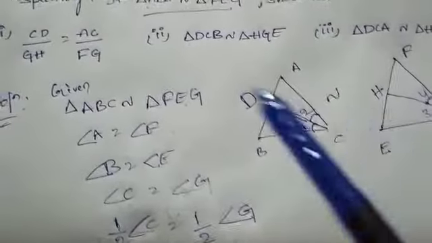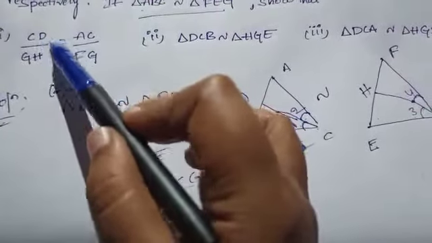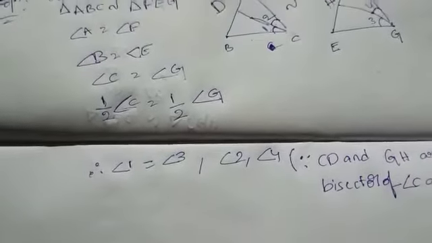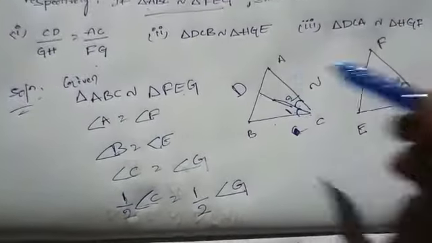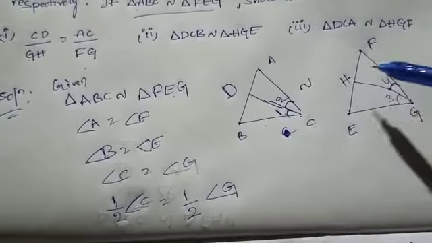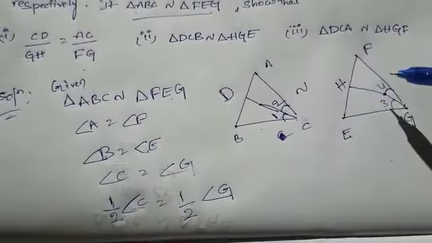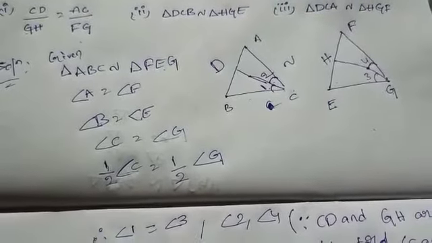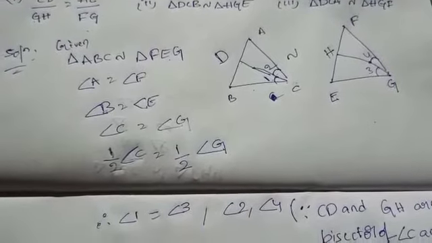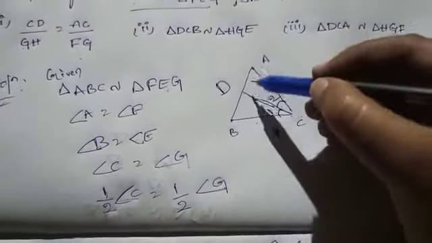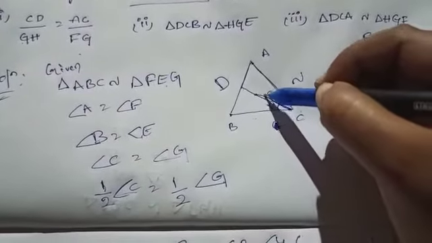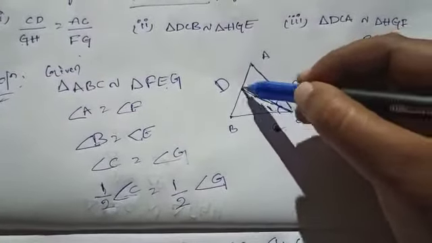See first question. Here we have to prove CD by GH equals AC by FG. First one: CD by GH equals AC by FG. See here this is one triangle ACD.